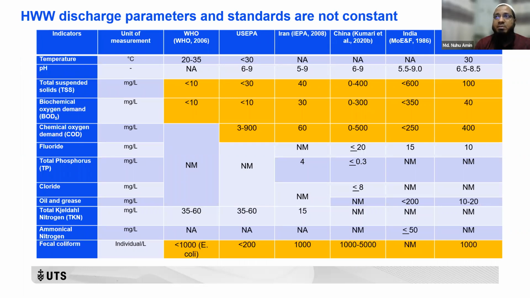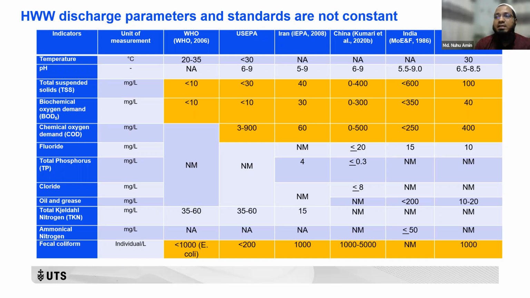Wastewater discharge parameters are also not consistent across different agencies and countries. For example, the total suspended solids parameter according to US EPA is less than 30, but for other countries like India and China, it is 0 to 40 to less than 600.